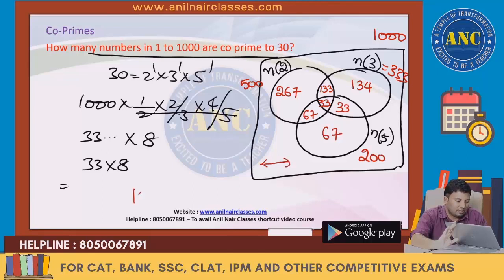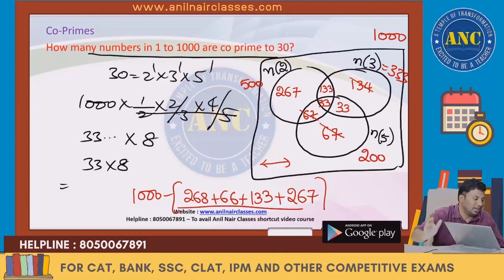This is nothing but 1000 minus the total. How much will it become? 67, 67, 134. 134 plus 134 is 268, plus 66, plus 133, plus 267.